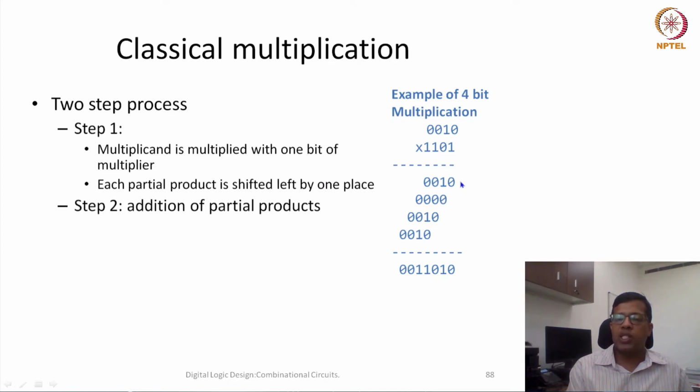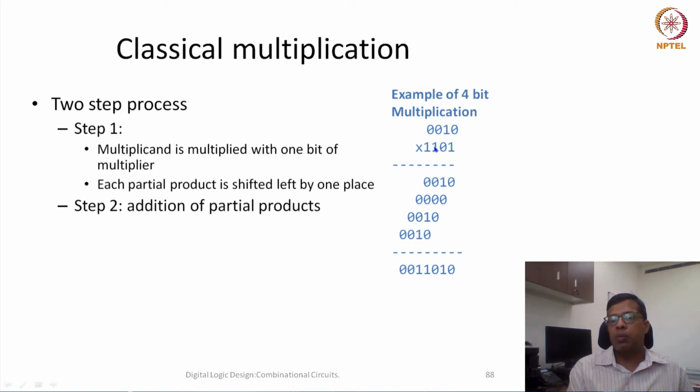Each partial product is shifted by one place. The shifting essentially means which place of the multiplier we are multiplying with. If we are multiplying with the 0th bit, then the partial product is at the original place, but when the multiplier is at 2's place, the partial product is shifted by one place towards the left.